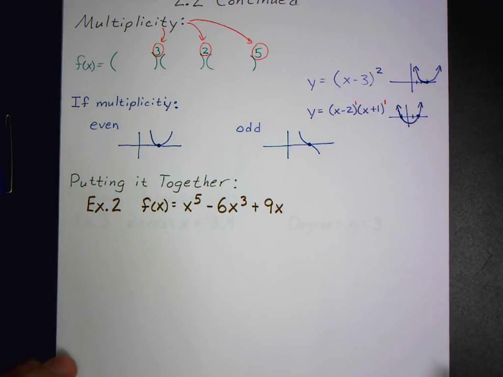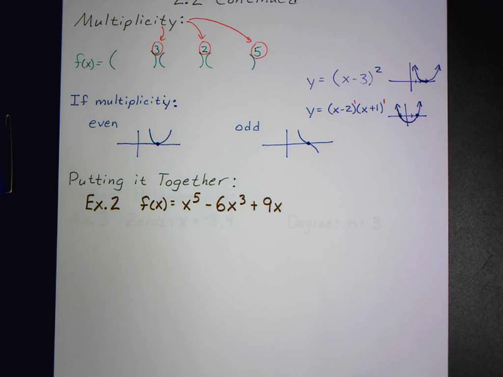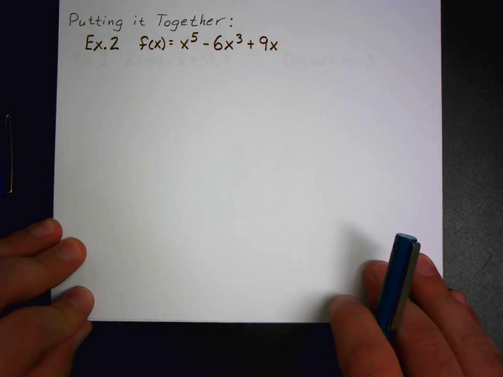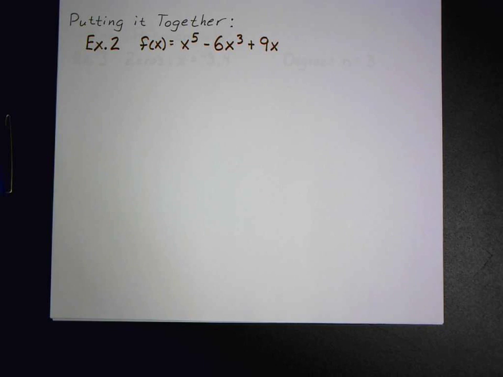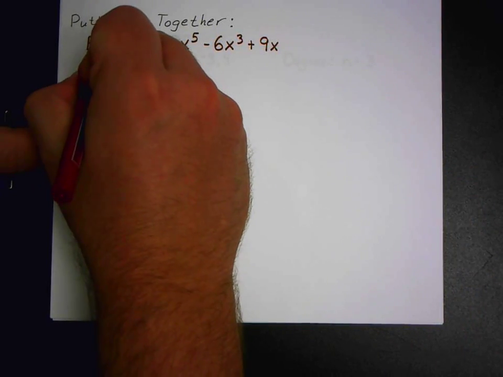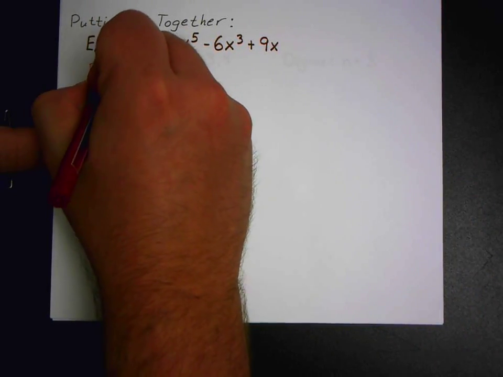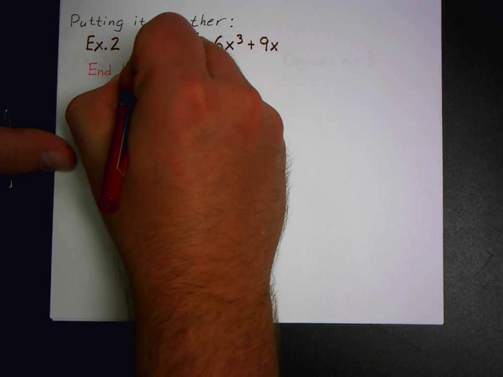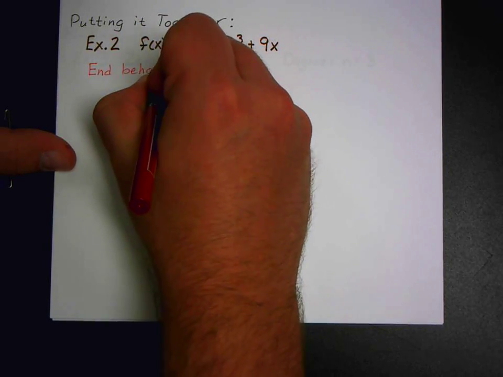Okay, so what we want to do is put this all together and graph it. So the first thing we do is start with our end behavior.